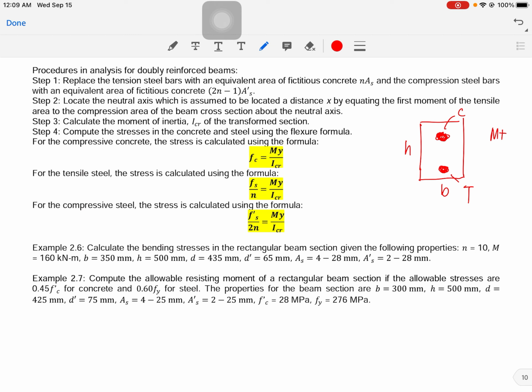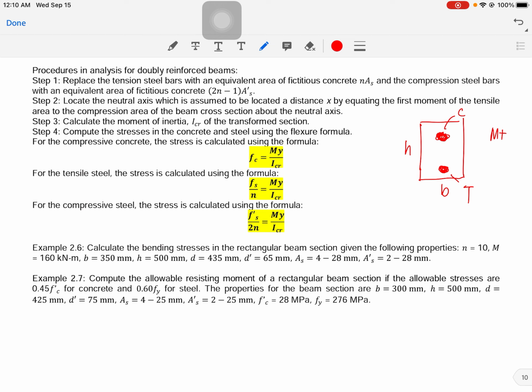Also, it reduces the size, which can be very important for space purposes or architectural requirements that limit the size of beams. Also, compression steel is quite helpful in reducing long-term deflections, and such steel is useful for positioning stirrups for shear reinforcing, which will be discussed in the next chapters.